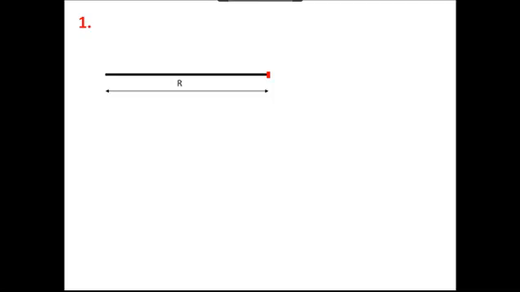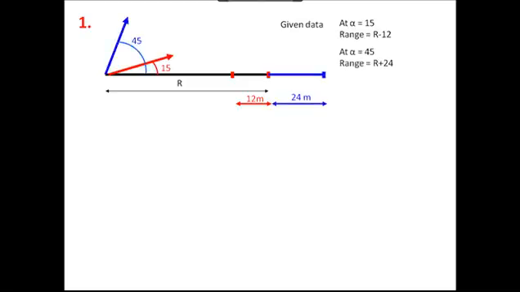Now u, alpha and R are not given to you, but instead what is given is, if alpha was 15, then the range works out to R minus 12, and if alpha was 45, then range works out to R plus 24.